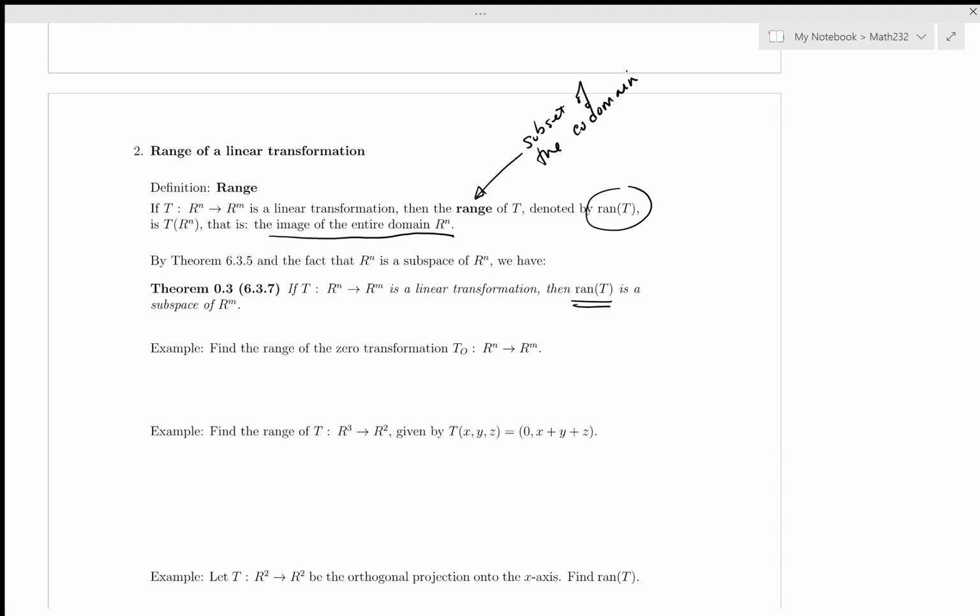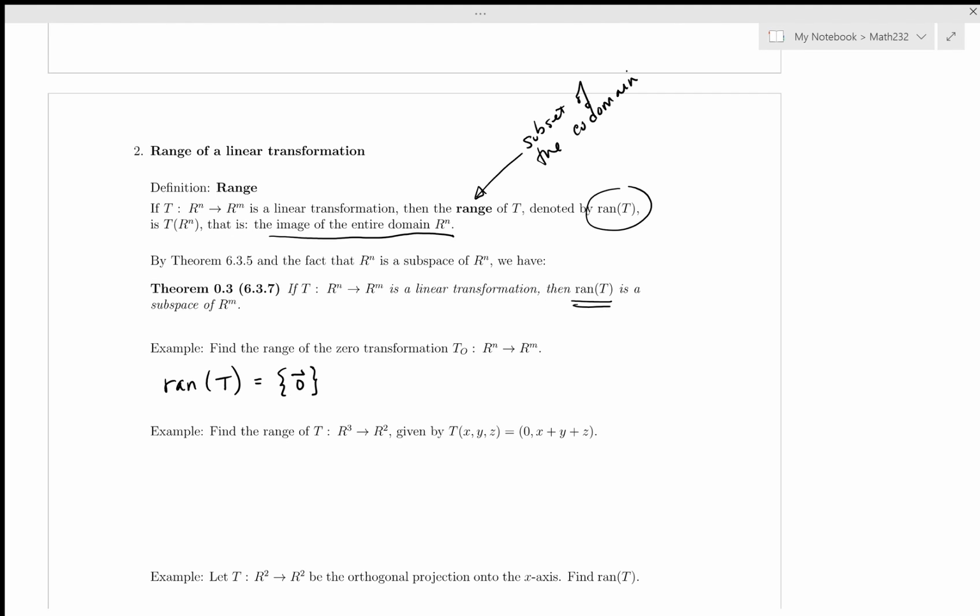Okay, let's take some examples to clarify these concepts. What is the range of the zero transformation? We're asking, what is the image of every vector in Rn under this transformation? I claim here that the range of T is the set containing the zero vector. No matter what input I put in, I get out the zero vector.